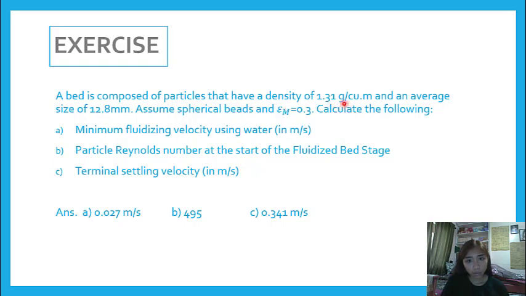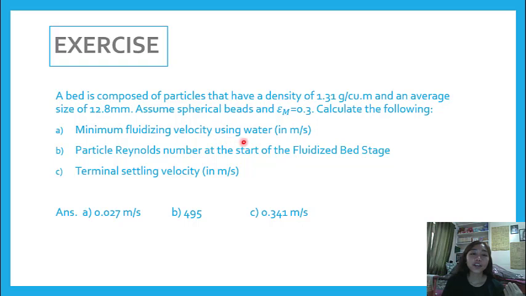But as you can see here, we already have most of our givens. So, we have the particle density, we have dp, and porosity. What we don't have is the sphericity, and the density and viscosity of our fluid. However, it is stated here that the beads are spherical. So, we check that the sphericity is equal to 1, because our solid is spherical.